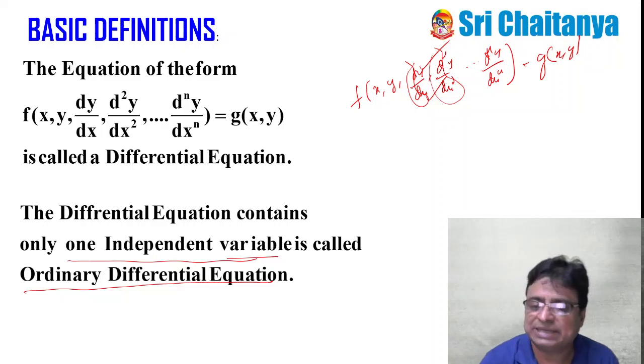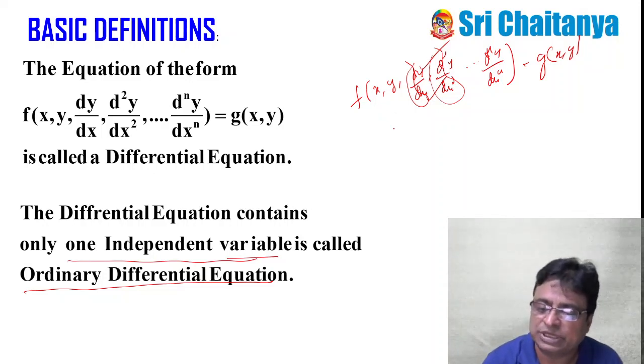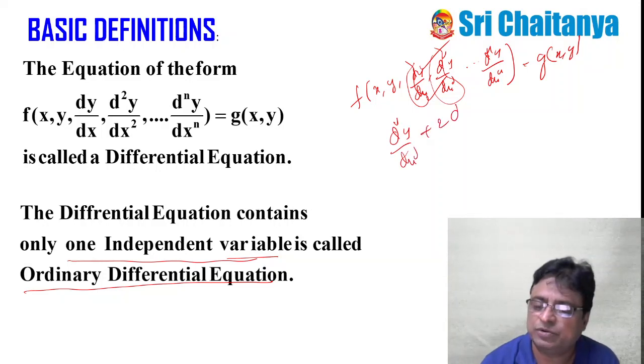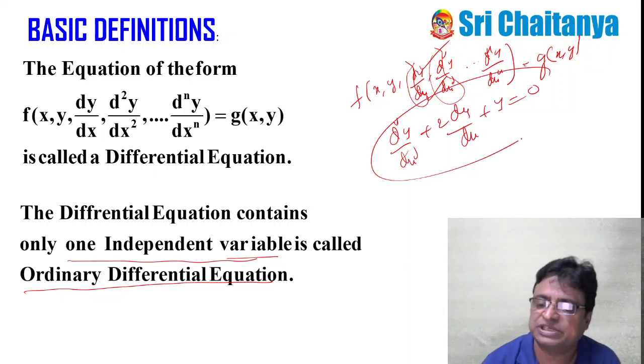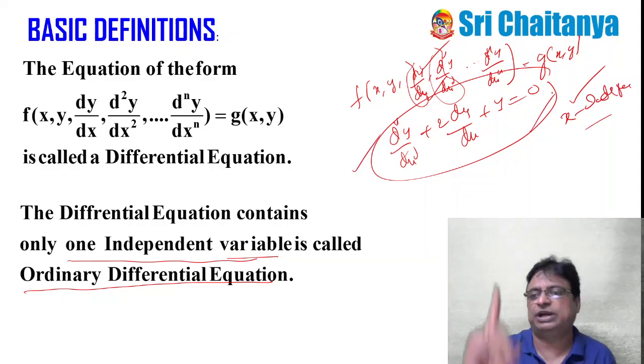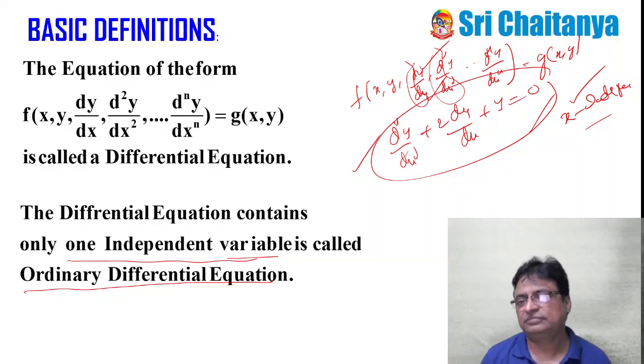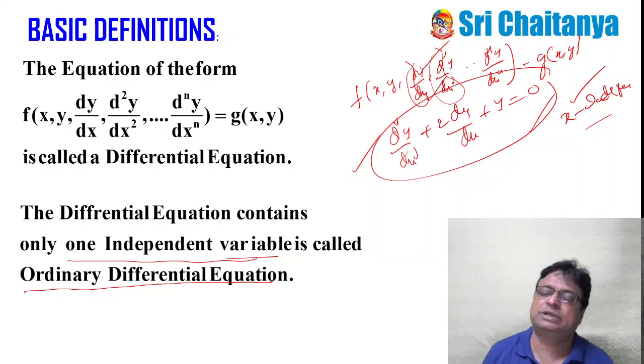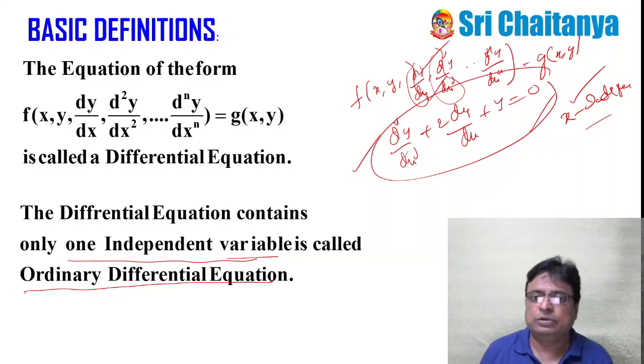that is, as I mentioned here, suppose d square y by dx square plus 2 into dy by dx plus y equal to 0. Suppose this is a differential equation. In the entire differential equation, x is the independent variable. If the equation contains only one independent variable, then that kind of differential equation is called an ordinary differential equation.